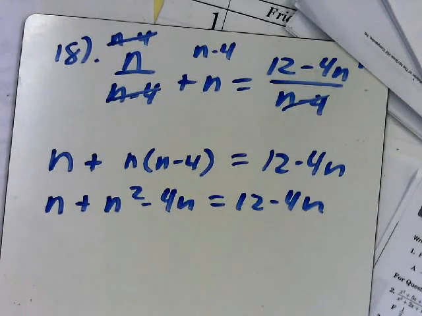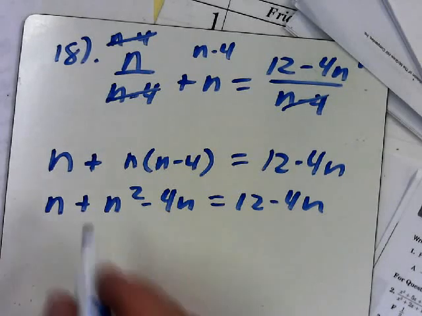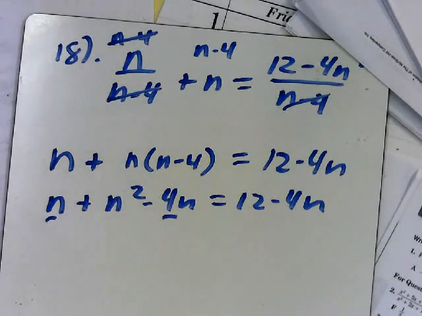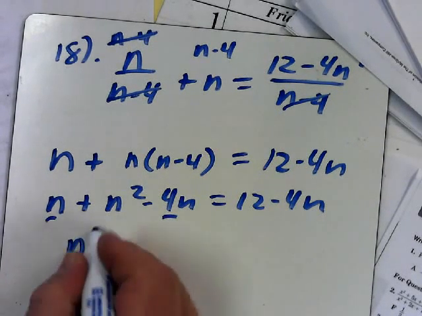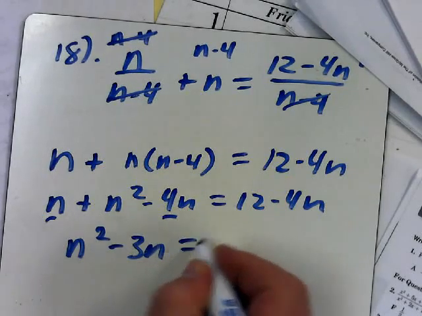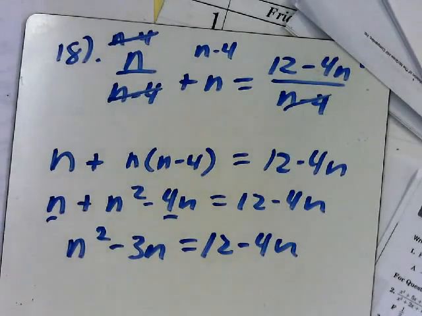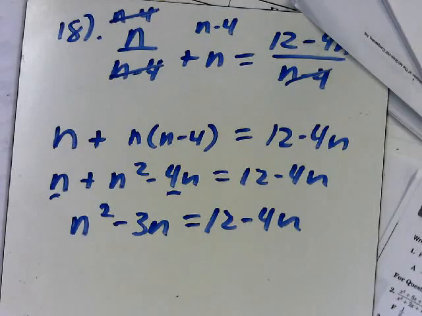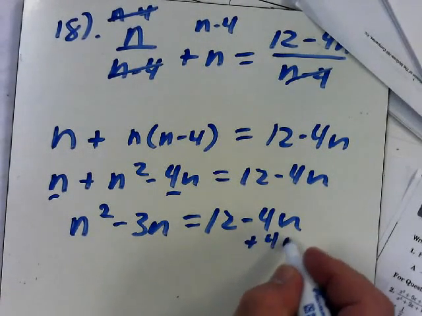Multiplying. Looks like I got a quadratic, don't I? If I have a quadratic, I'm going to have to put everything so that it equals 0, or 0 equals everything. I don't care. Can I simplify the n and the negative 4n? Yeah. Now what do I need to do? You can add the 4n to the negative 3n and get 1n.